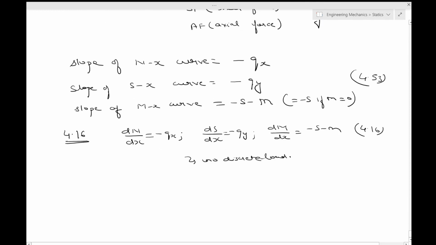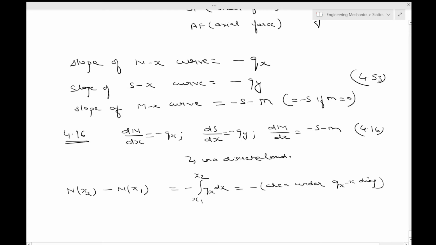If you integrate it, you get N of x2 minus N of x1 is equal to minus the integral from x1 to x2 of qx dx. This is minus the area under the qx-x diagram, or minus the load along x over x1 to x2.